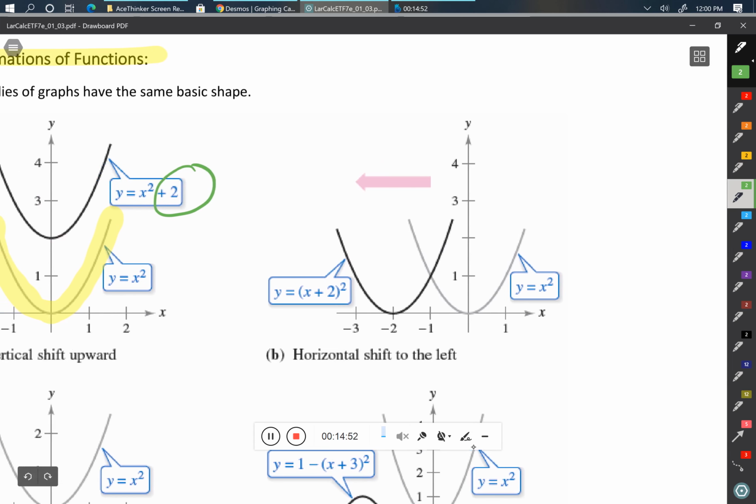Horizontal shifts are achieved by adding a constant value directly to the variable. So the x that was squared is now x plus 2 that is squared. And remember that x is a liar. So adding a constant value will result in a horizontal shift left. So adding 2 shifts that vertex over to negative 2. And then subtracting would move it right, be a horizontal shift to the right.